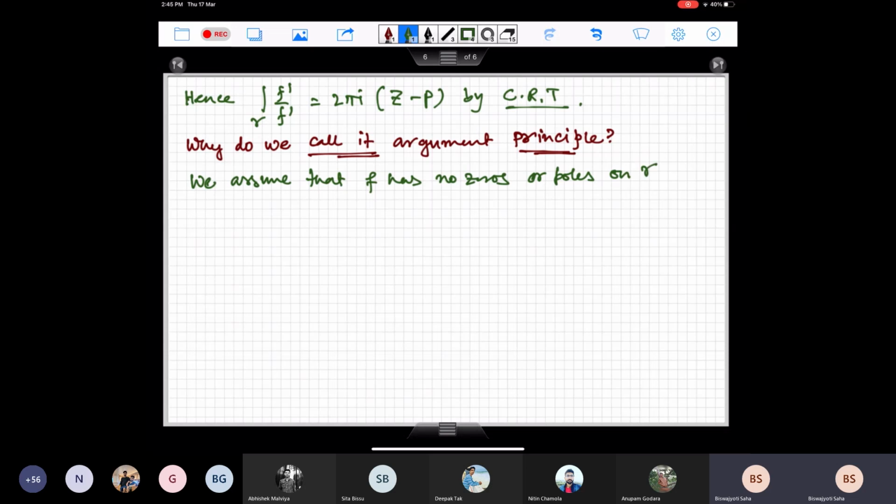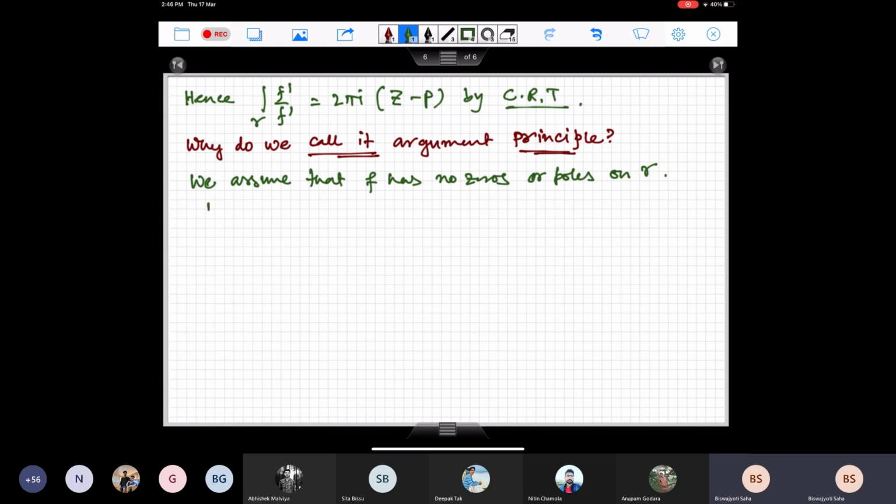This was given to us, and once we have this, we wanted to understand the integral of f prime over f. Since f has no zeros, I can consider log of f there, and this is the logarithmic derivative.